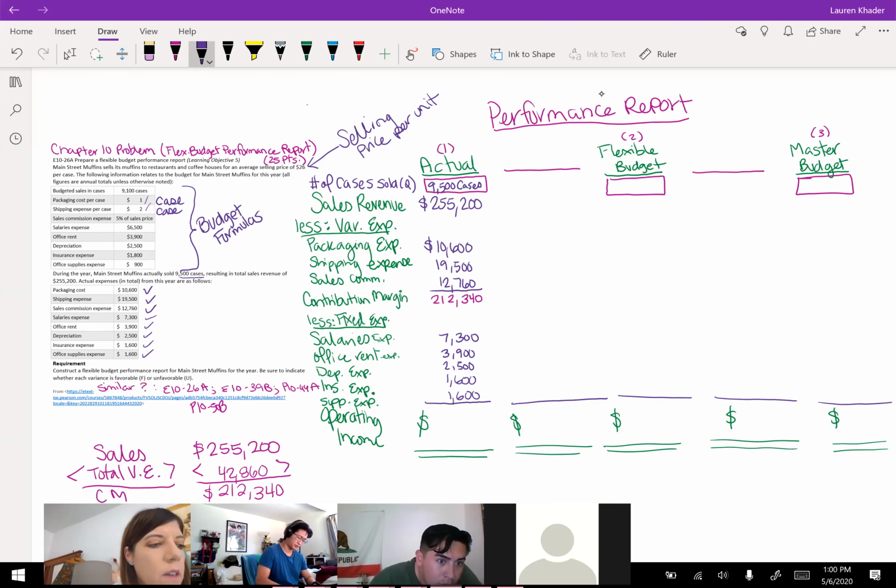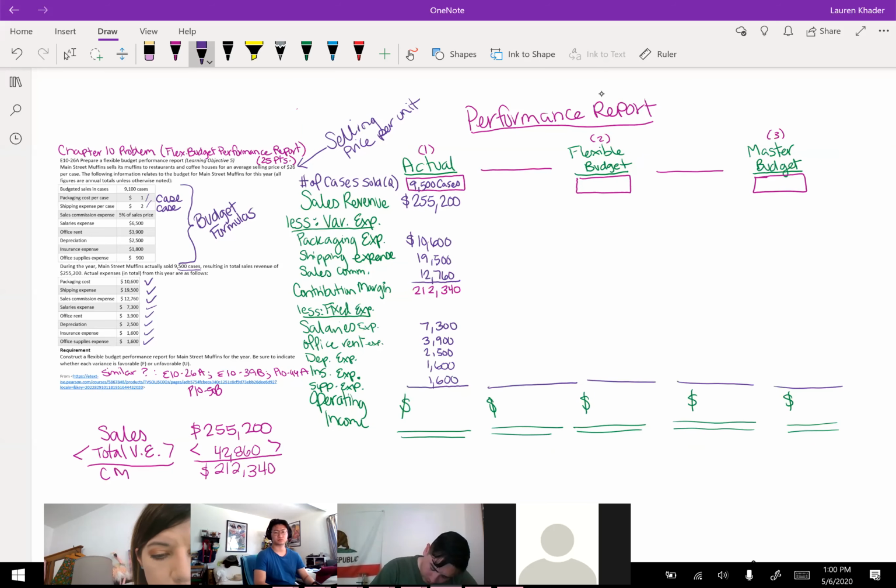And it does not have you include total expenses. All it's having you do is calculate operating income. So take your contribution margin of 212,340 minus your fixed expenses to get your operating income.